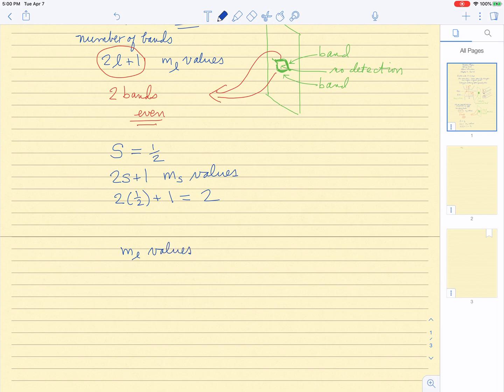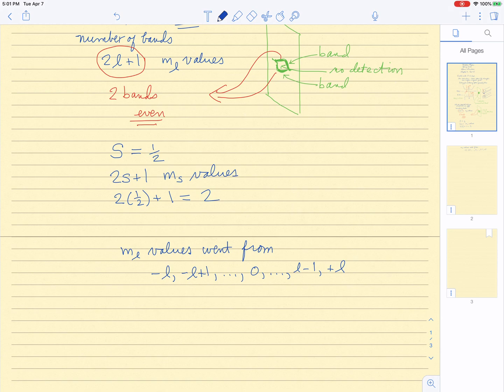The m sub L values went from negative L plus 1 through 0, L minus 1, plus L. So they went from negative L to positive L in increments of 1. Sorry, I take that back, forget the h bar.